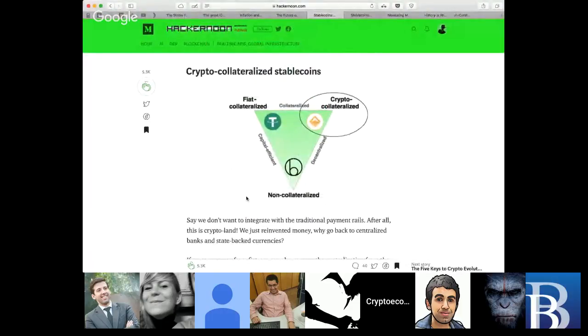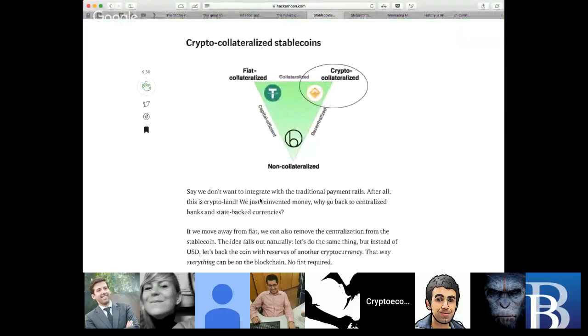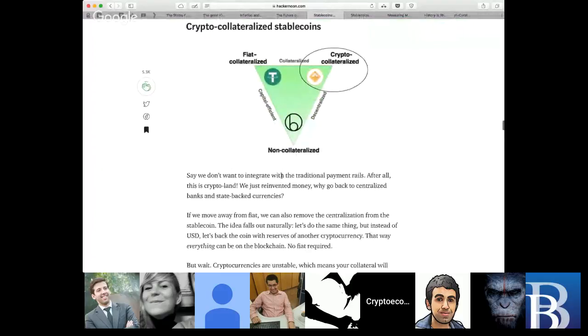Okay, so the second category are the crypto collateralized stablecoins. And what you do basically in this type of project is that you gather a crypto asset, so Bitcoin, Ether, DGX Gold, whatever.